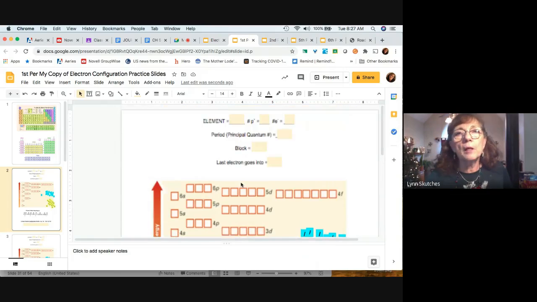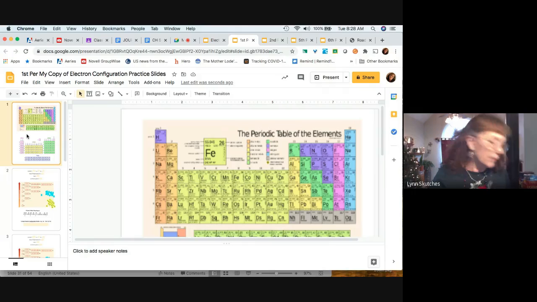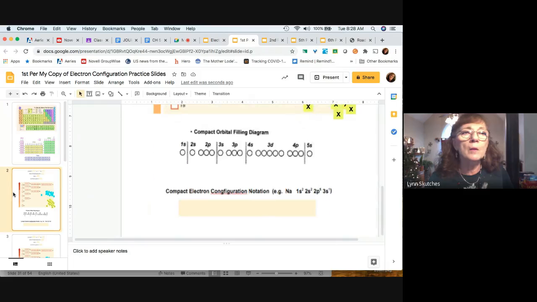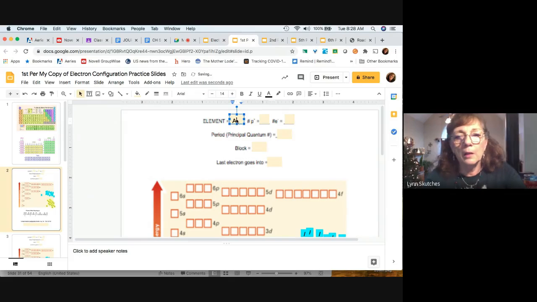So let's try one together. I'm going to pick some elements. Also, again, I have a periodic table for you. Let's do aluminum. So I'm going to go here and type in Al, because that's the symbol for aluminum.